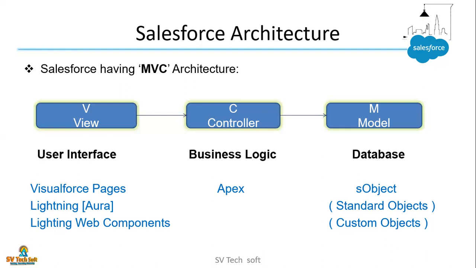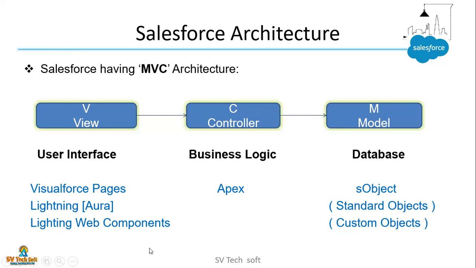For that coding, Salesforce introduced an object-oriented programming language, that is Apex. This is similar to core Java. By using Apex, we can build all the custom business logic in Salesforce. Apex plays the key role in any UI development.